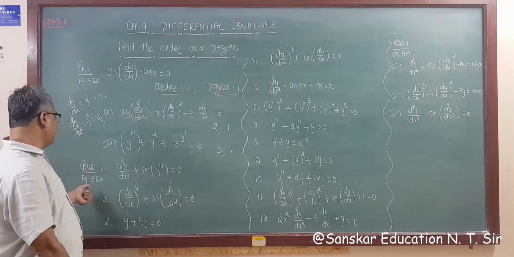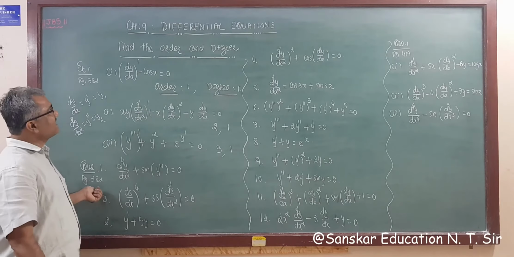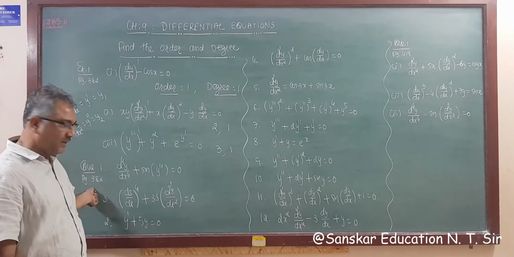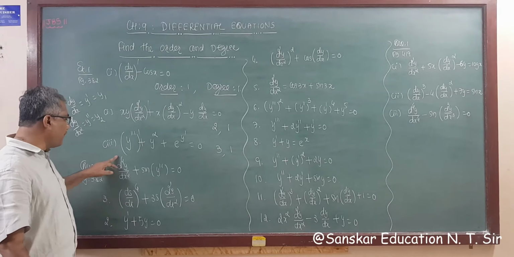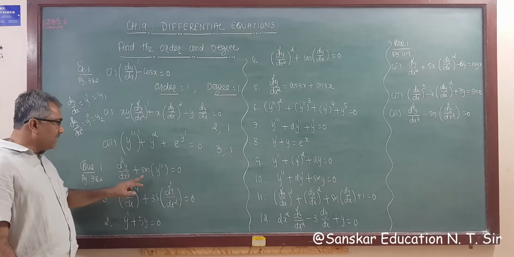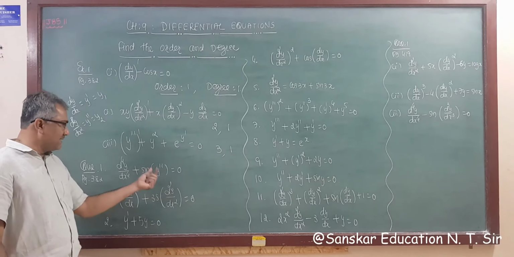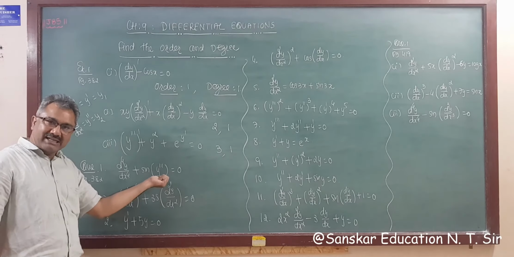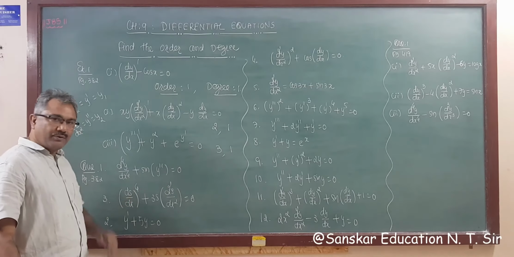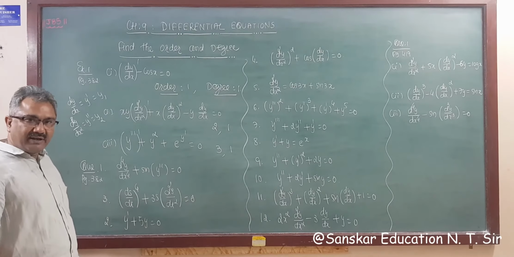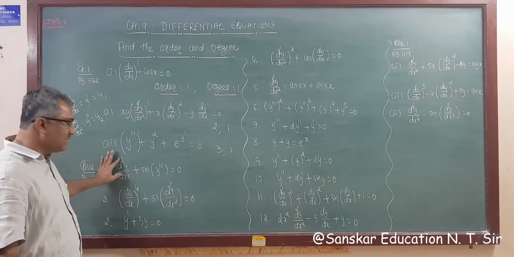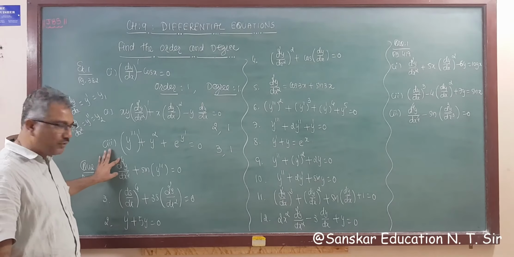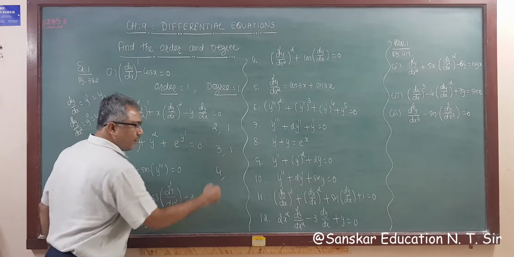Now the next question is question number 1 of exercise 9.1. The equation is d raised to 4 y by dx raised to 4 plus sin y triple dash, that is d cube y by dx cube, equal to 0. So which is the highest order derivative? The highest order derivative is d raised to 4 y by dx raised to 4, so order is 4.